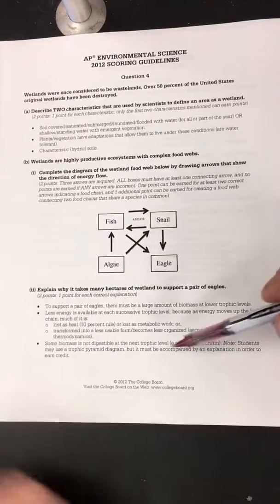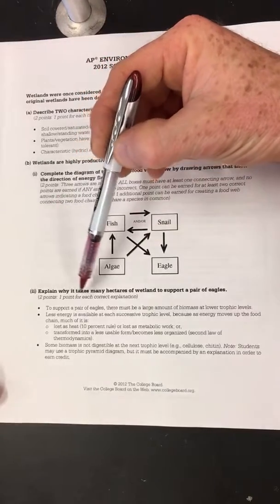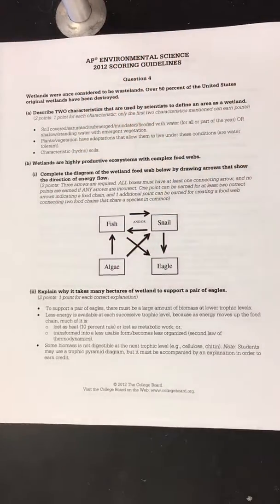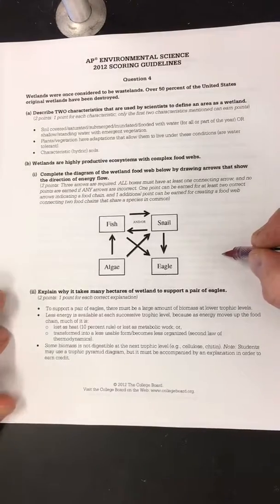Okay, the next question was: explain why it takes many hectares of wetland to support a pair of eagles. Well, this relates back to the trophic pyramids, where the bottom producers have a lot of energy and a lot of biomass, and then the next layer only gets about 10% of the bottom layer, and the next layer gets 10% of that.